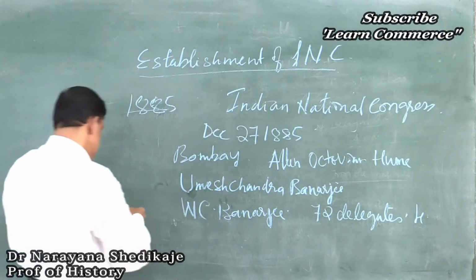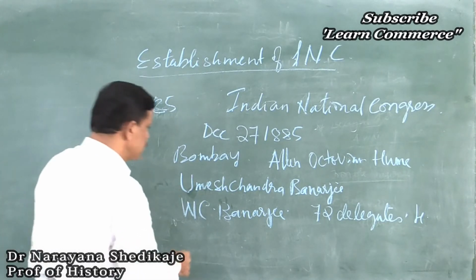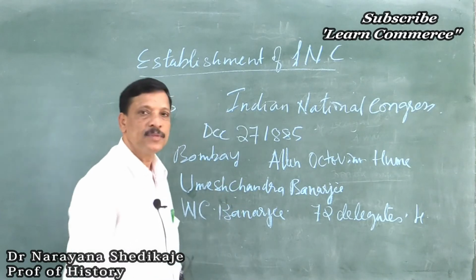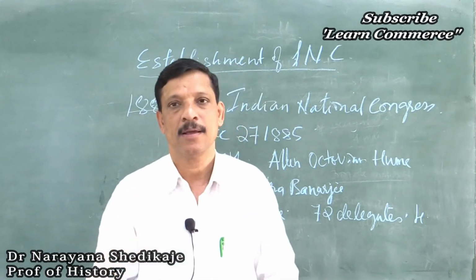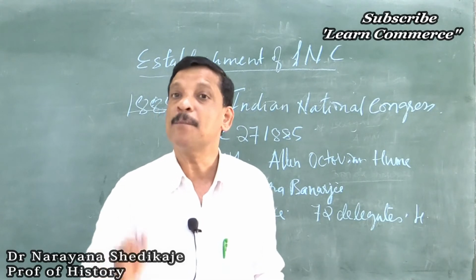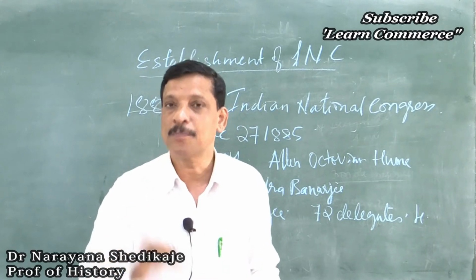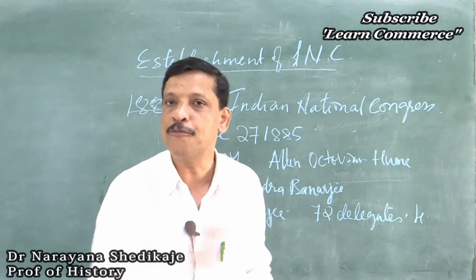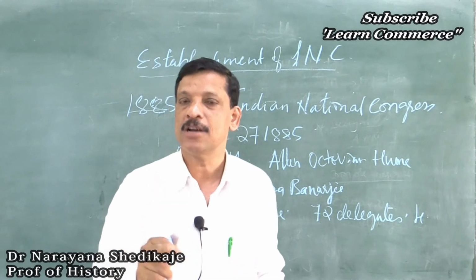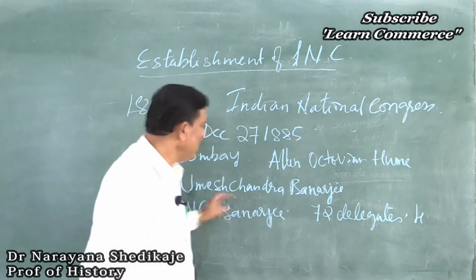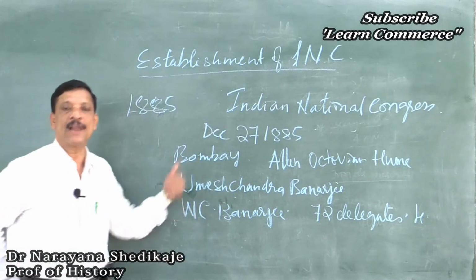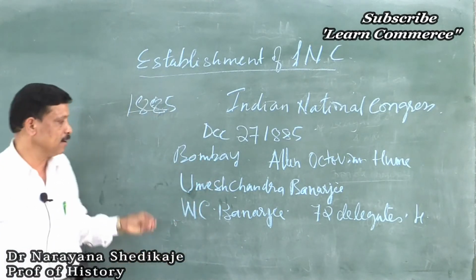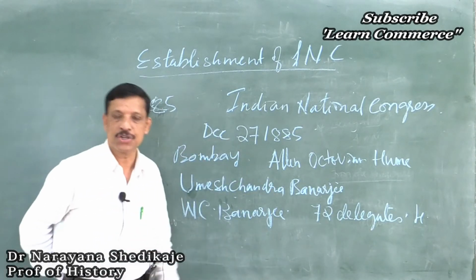And regarding the first session, it is very important to note that it was a legal body established for the purpose of what? For the purpose of a movement against the British to get independence, where people can place their demands, make requests, and pose questions to the government.